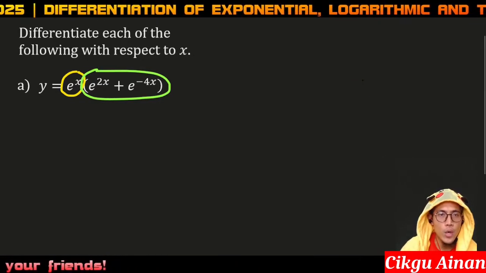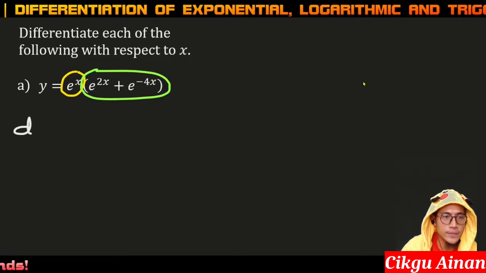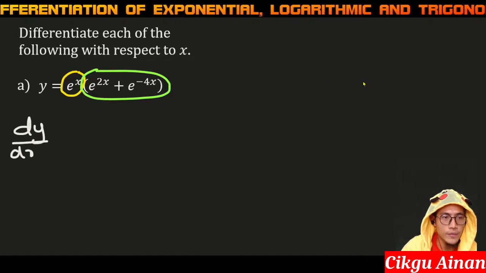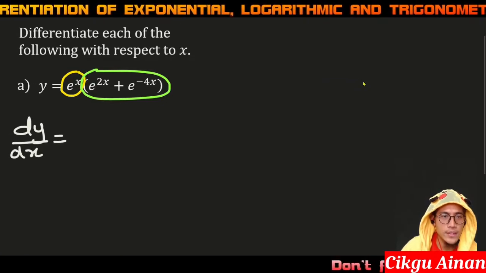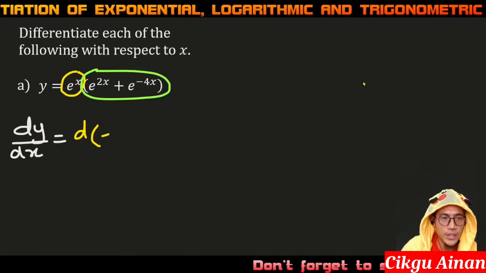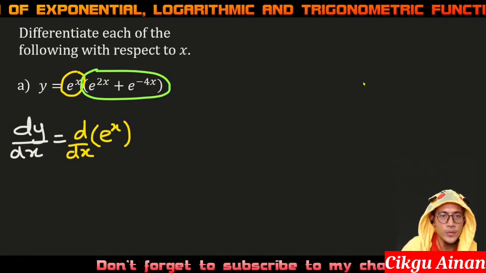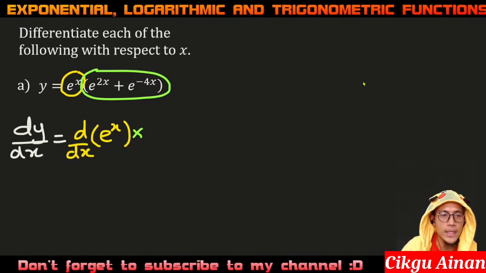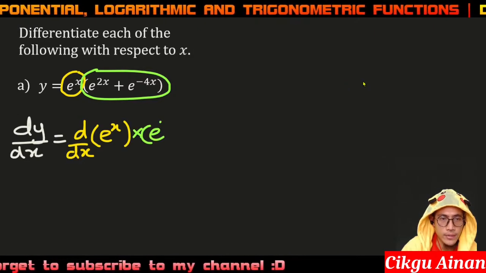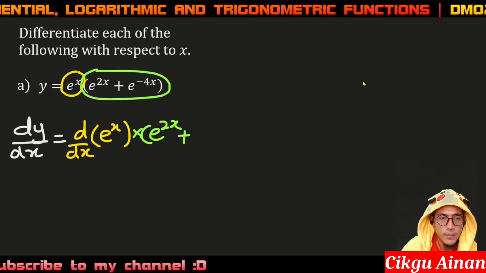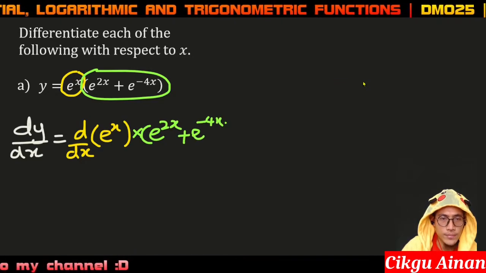So what we can do is, the differentiation of the whole thing: first we differentiate the front one with respect to x, and then we multiply by the rest, which is e^x plus e^(-4x).